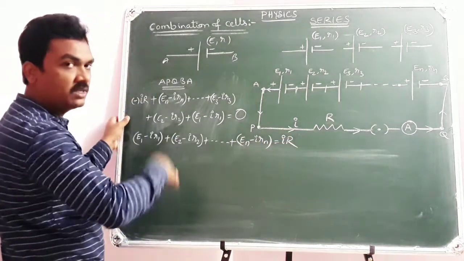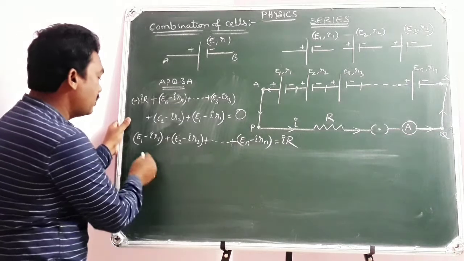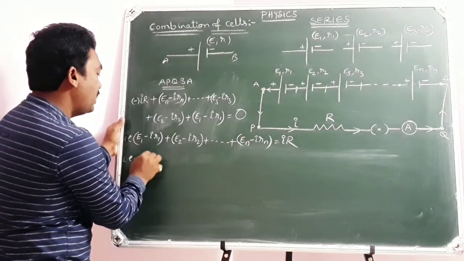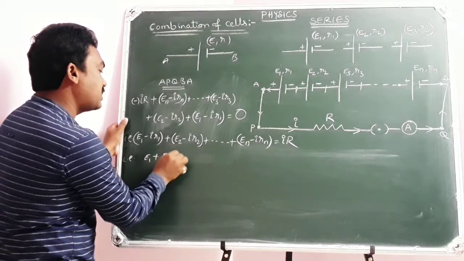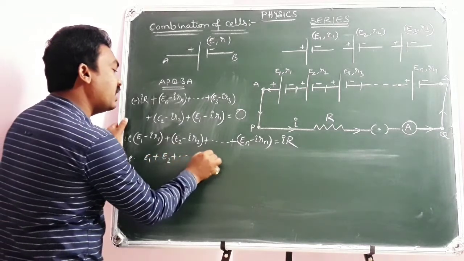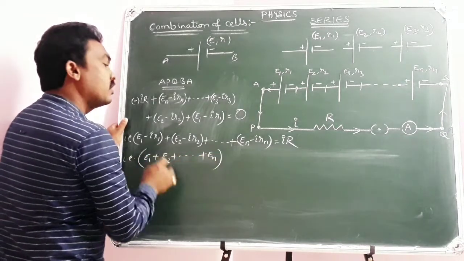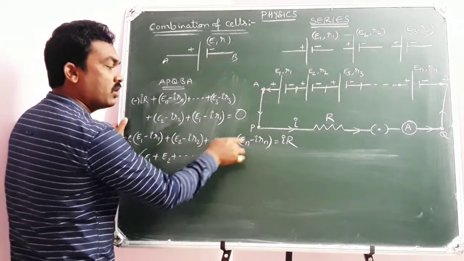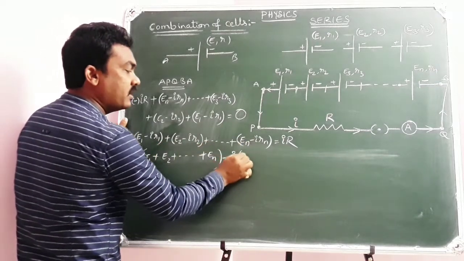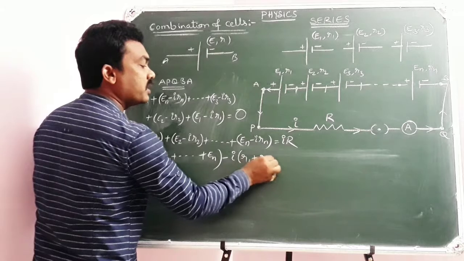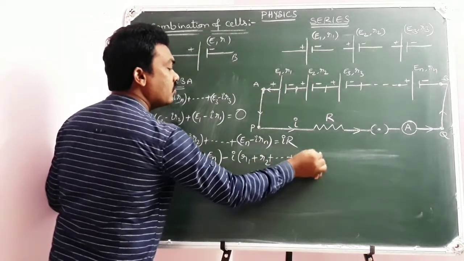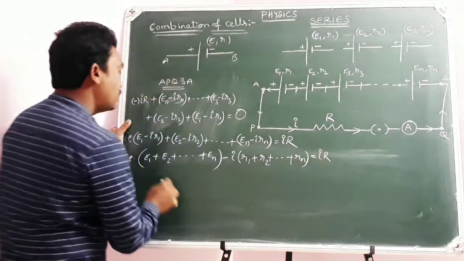Now if you rewrite this equation again, next step, E1 plus E2 plus and so on, En minus IR1 minus IR2 and so on minus IRn, minus I common, R1 plus R2 plus and so on, Rn is equal to I into R.